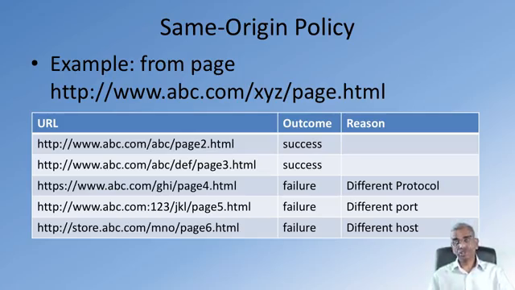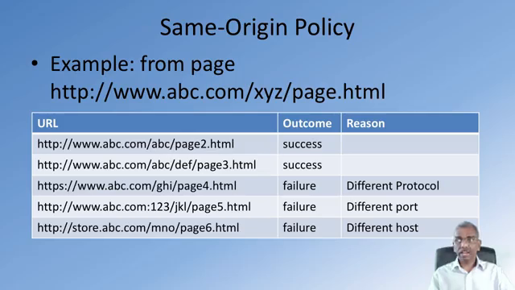Now, in this case, if we try to access another URL, for example, the first one listed here, which obviously you see is from the same site, but from a different folder, this is acceptable because the origin, in this case, the protocol being used and the port number remains the same. So this is acceptable to access this resource.